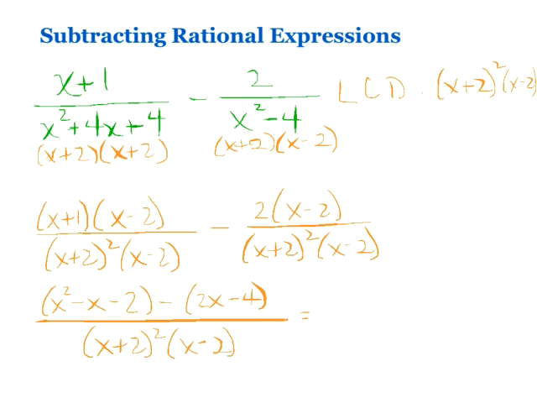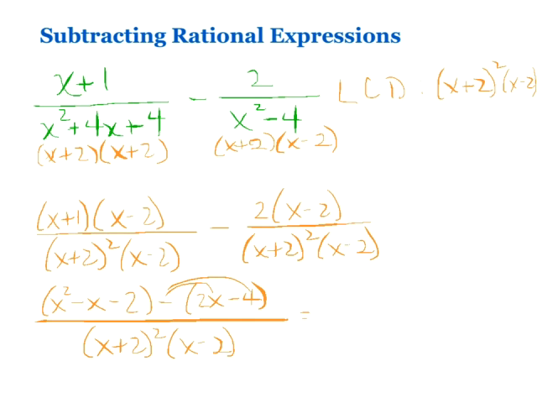Now here's where we can run into trouble if we're not careful. This subtraction applies to everything in the second numerator. And so this is why I'm saying it's a good habit to write the first numerator in parentheses and then the second numerator in parentheses, so it's more obvious that we need to distribute this negative to both of our terms.